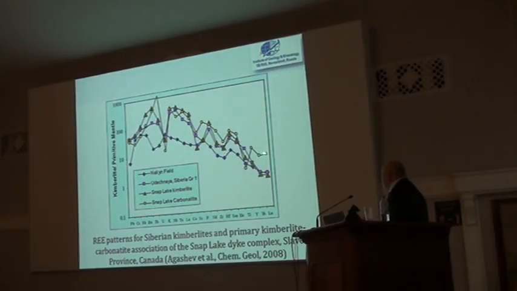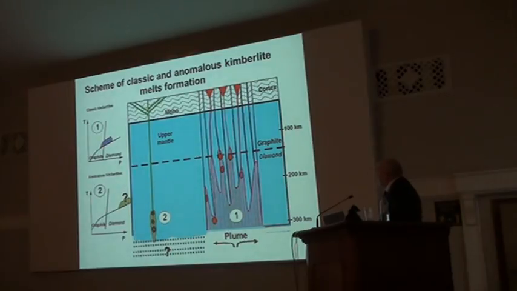It's shown in here. We have a significantly higher amount of these heavy lanthanoids in carbonatite. Okay, it's normal kimberlites.